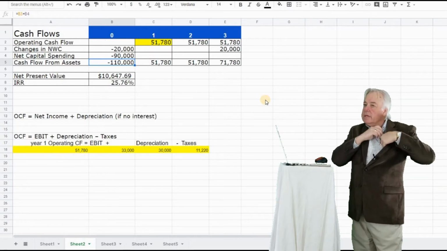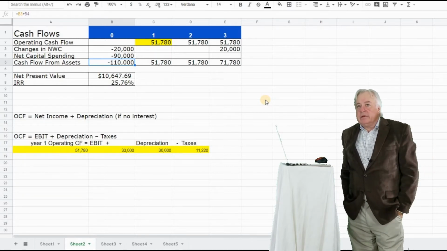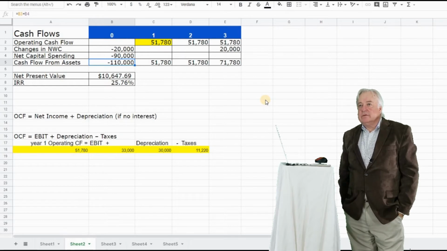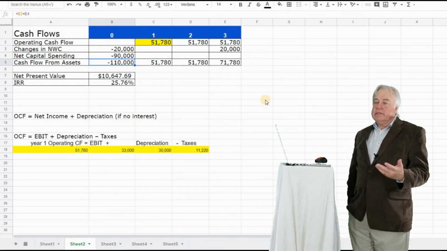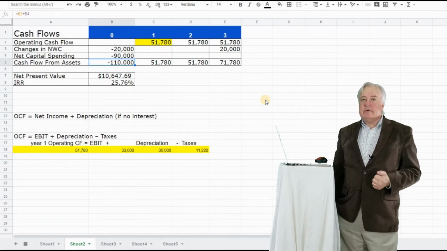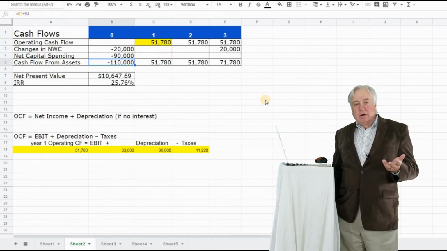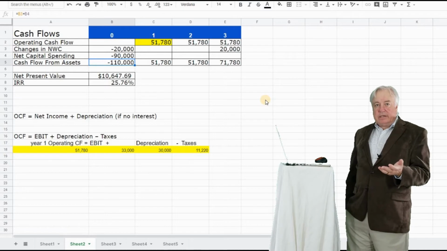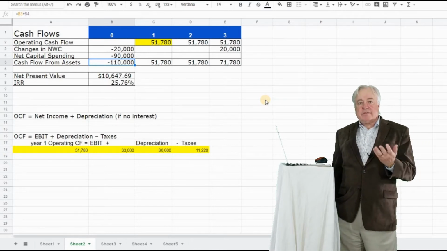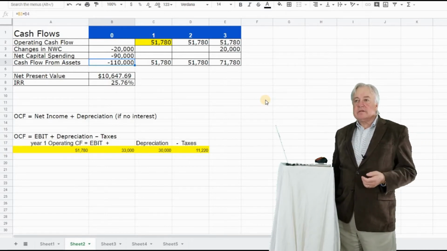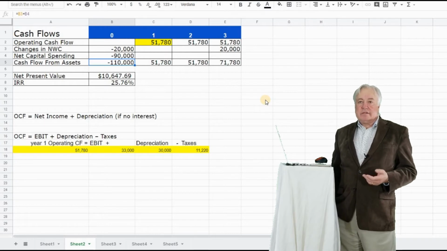Projects where that kind of thing might happen, you're probably not going to be doing this tomorrow, but if you were doing a project for a nuclear power plant, well, at the end of the lifespan of the plant, they have to do something with that nuclear waste. That costs a lot of money, so there's a negative cash flow at the end.